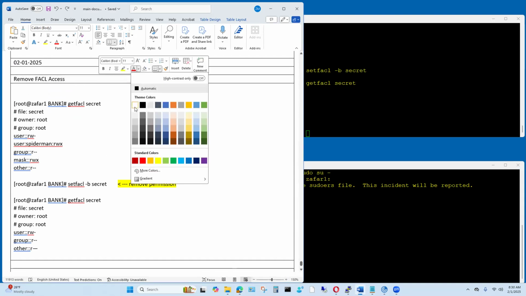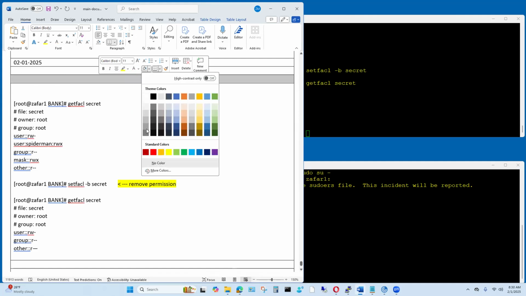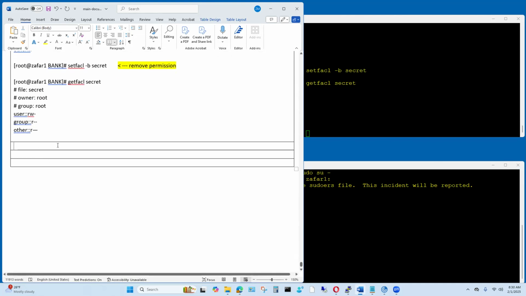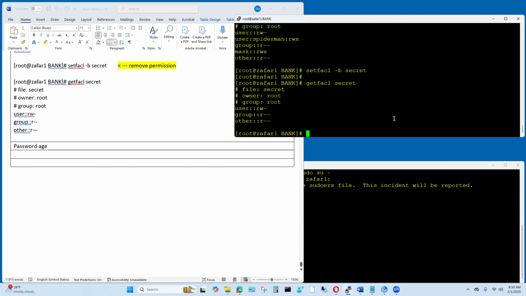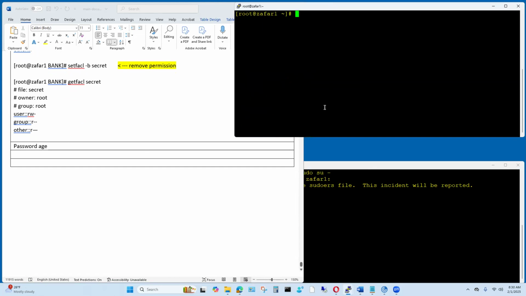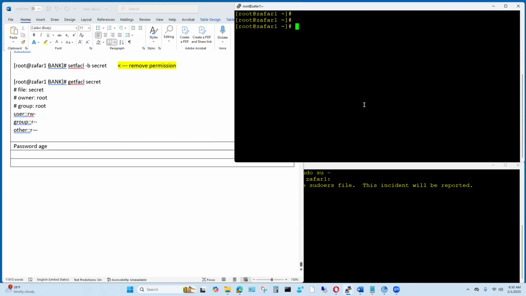the password age. Okay. So what I'm going to do is clear everything, and as a root, what you might want to do is type chage.